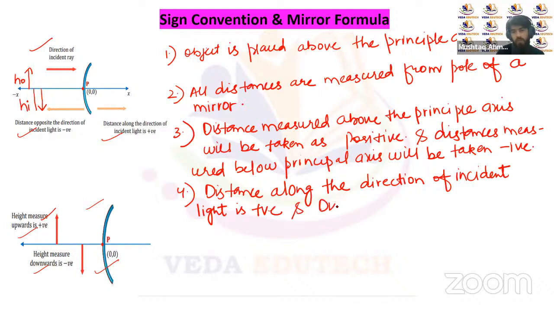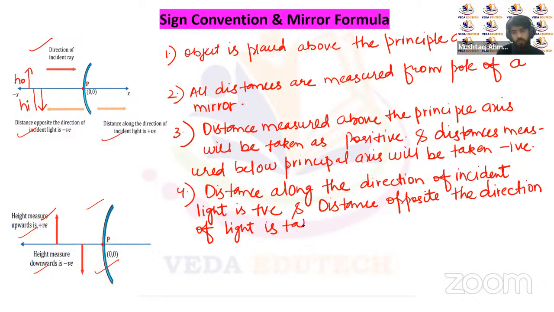And distance opposite the direction of light is taken negative, right?